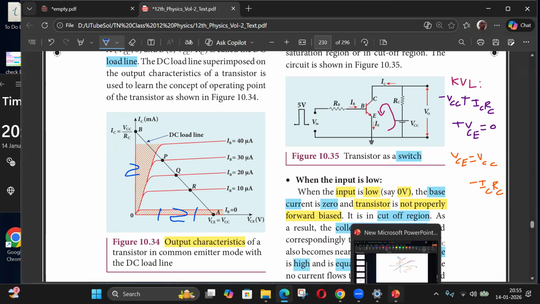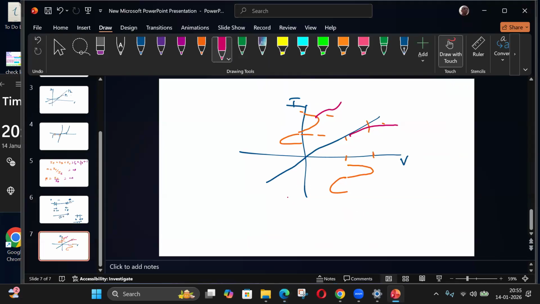See, for a resistance, say I'm changing the voltage peak to peak at this particular value.